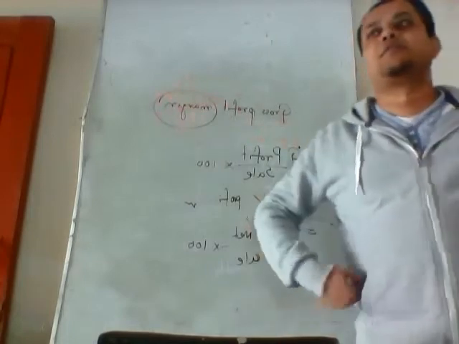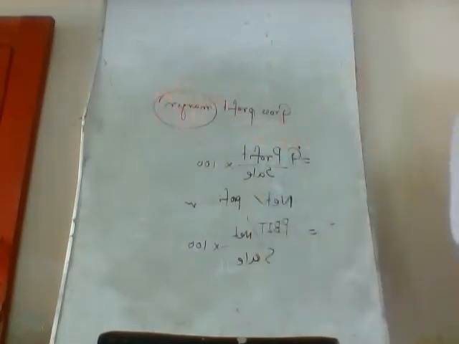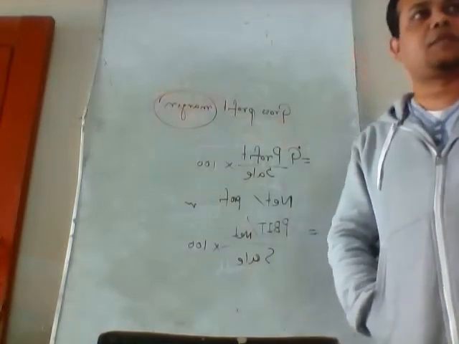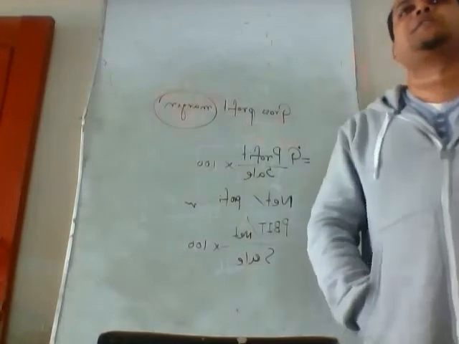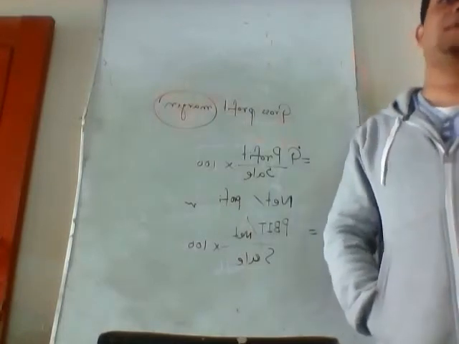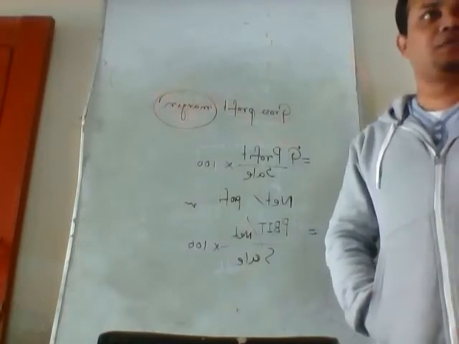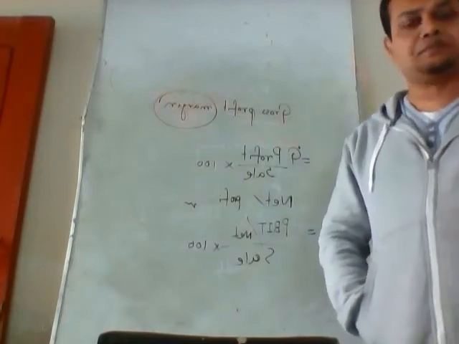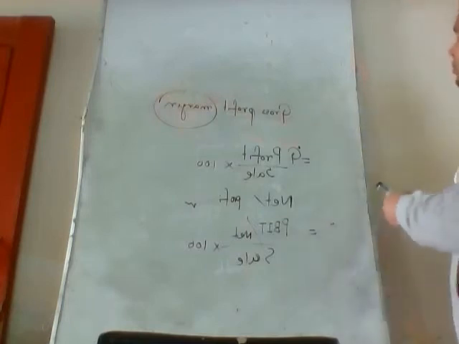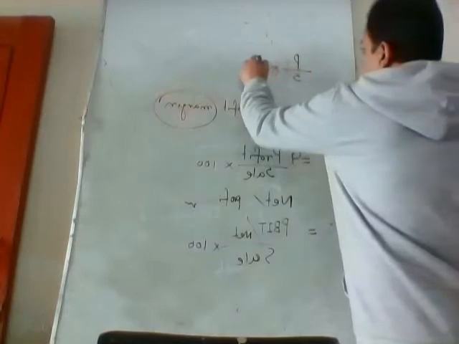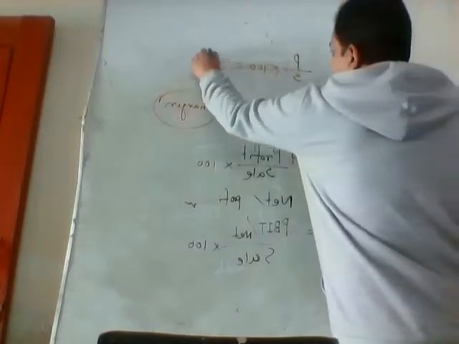Just think yourself, profit to sale into 100. As for example, the calculated ratio of profit to sale last year, suppose 20. What does it mean? Profit to sale into 100 for a company last year was 20%.